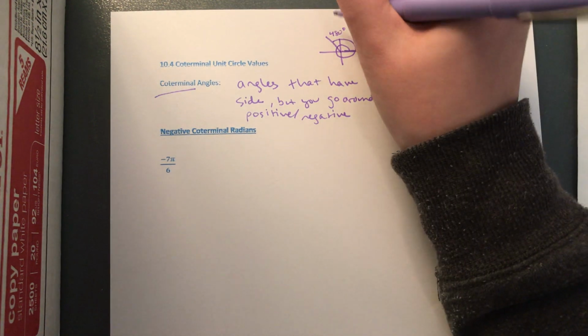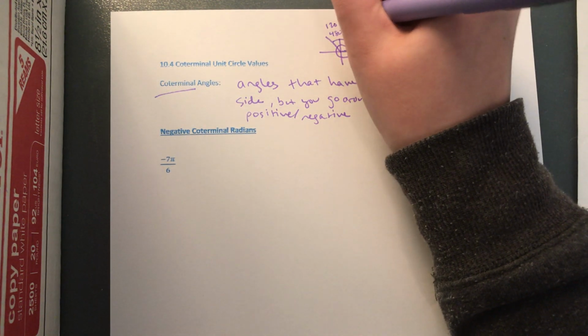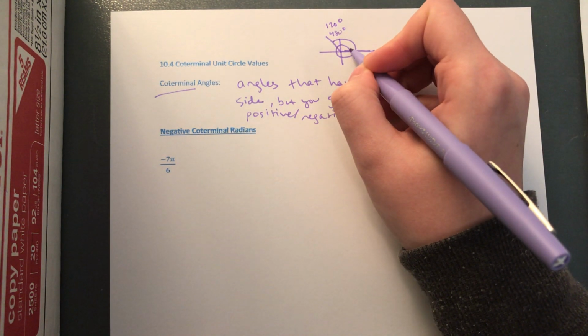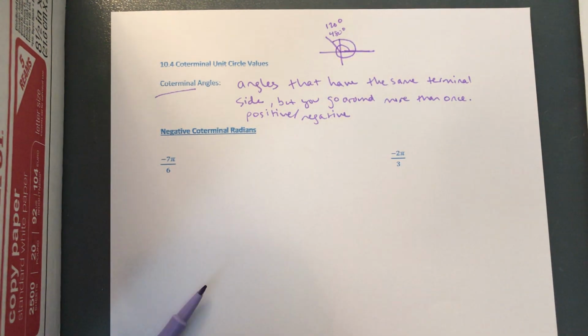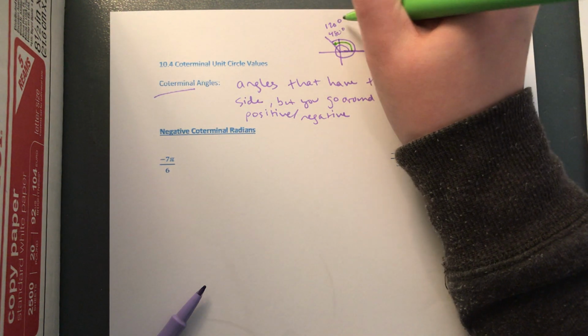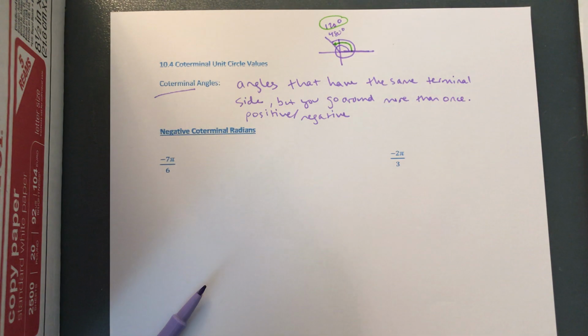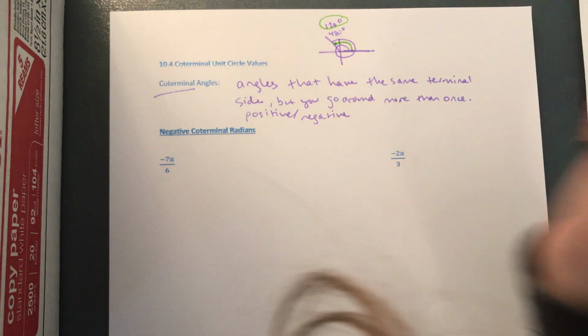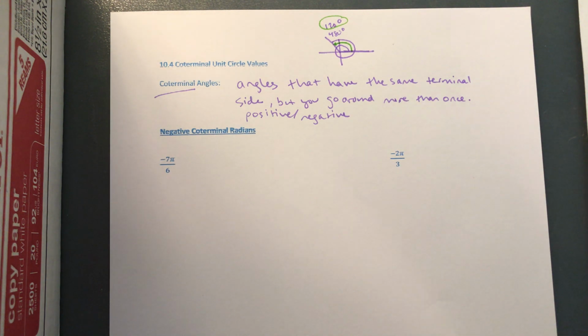But that's also coterminal to 120 degrees. If you went around once just to 120, that's 120 degrees. But if you start here and go around 360 plus the 120, you end up at 480. So anyways, that's the coterminal and the positive.